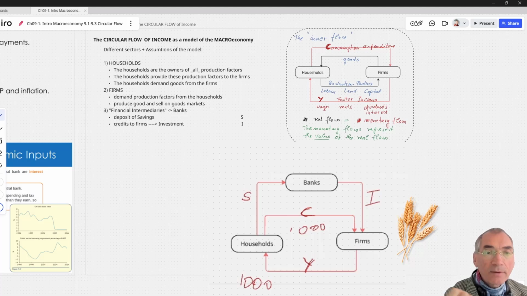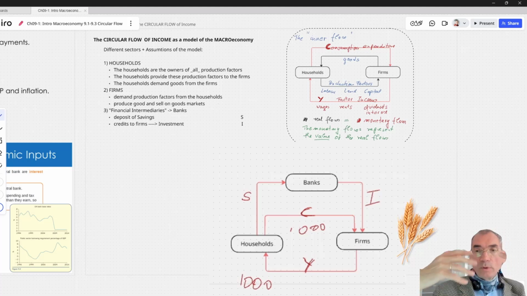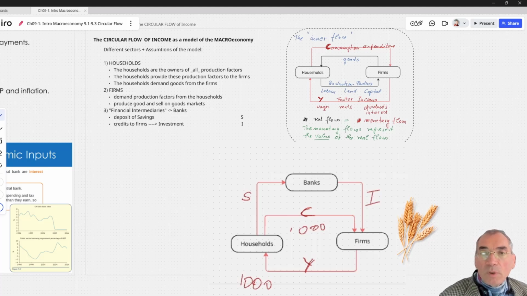So in case we had 1,000 units of wheat and we eat everything, then next year our economy is dead. Nothing happens, and the people in our small village have to step down the evolutionary ladder and become gatherers and hunters again. So we better don't do this, but only consume a part of it, 900, and save the rest. Do not eat the rest.